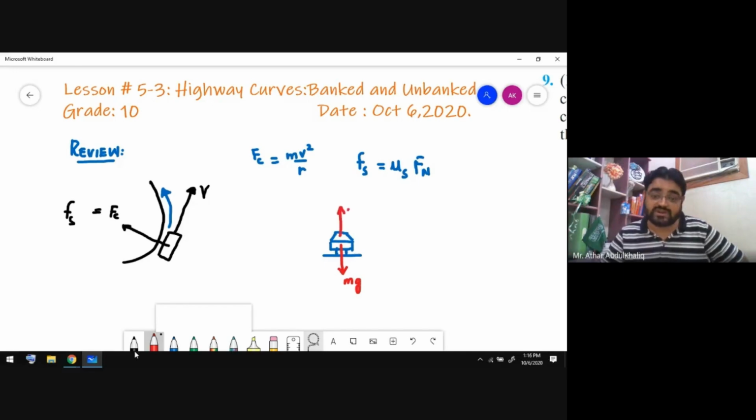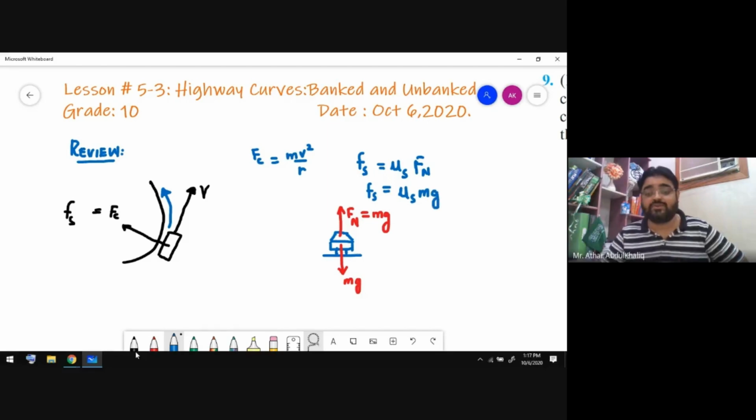So this normal reaction is upward, always equal and opposite to mg. So if Fn is equal to mg, then in the equation Fs is equal to mu s Fn, we will say Fs is equal to mu s mg.